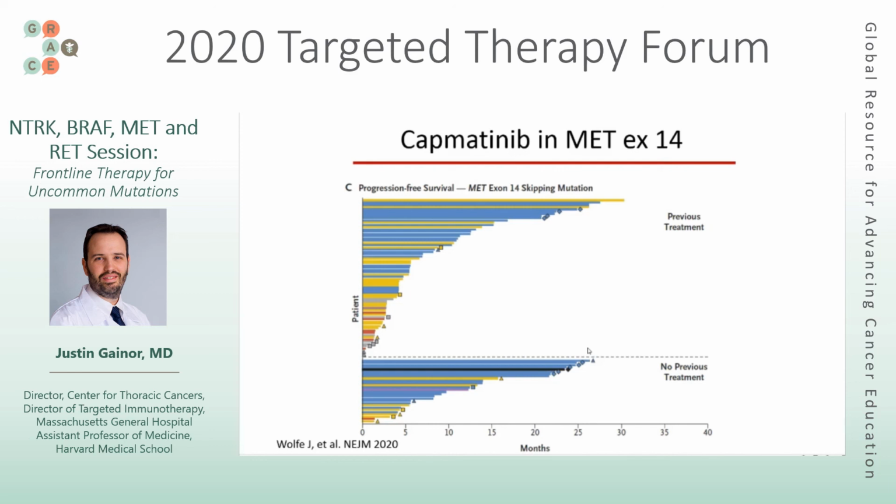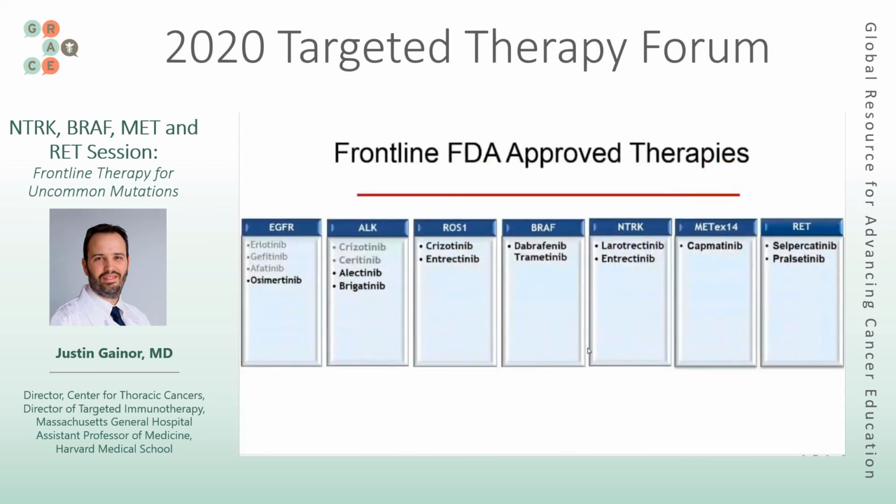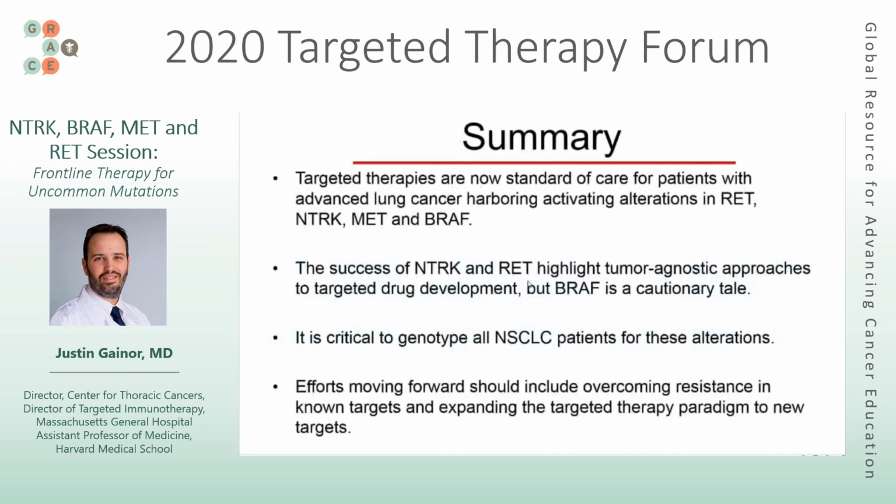It is now considered a standard of care for patients with newly diagnosed MET exon 14 skipping. Tepotinib has been given priority review status, but is not approved yet. So I'm listing here all of the frontline FDA-approved drugs, and the preferred agents are in bold. For some, we don't know if one is better than the other, and so there I just list both.